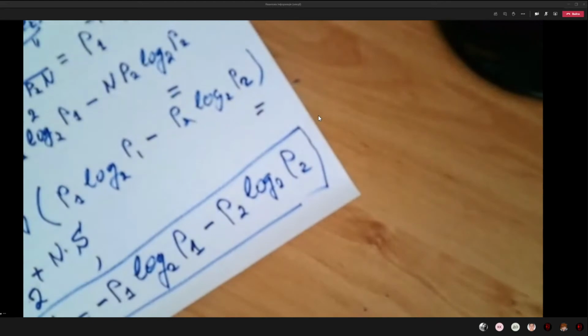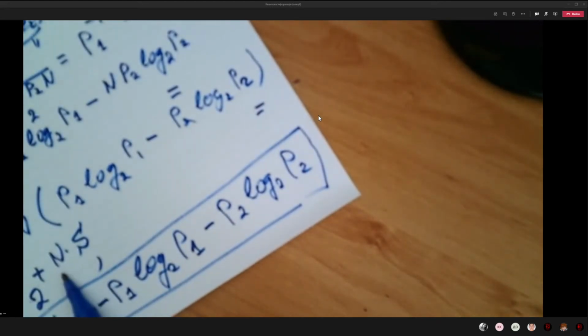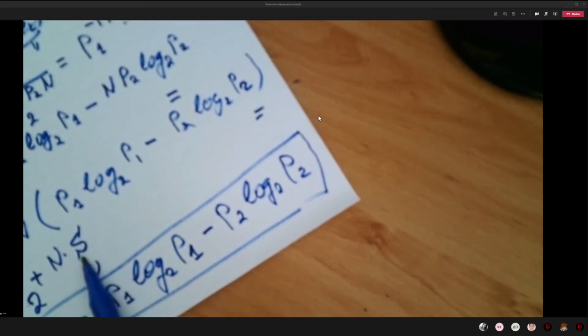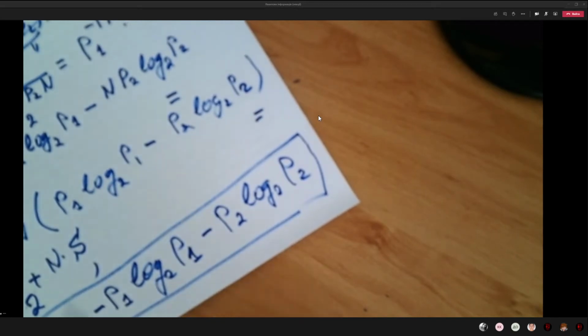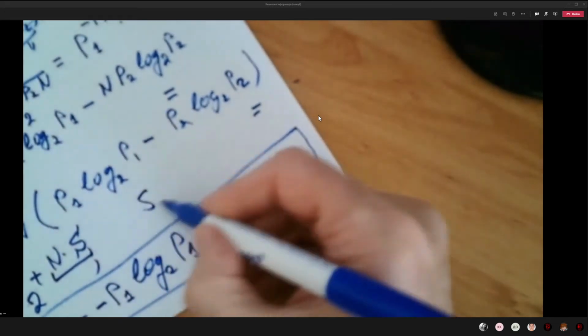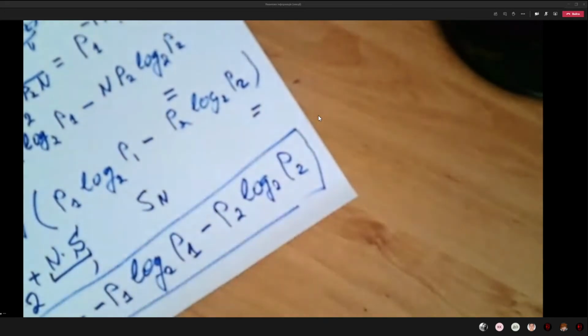So the number of different messages can be written in this form. It is 2 in power n multiplied by s, and s is called the Shannon entropy for one symbol. It can be called the Shannon entropy for a message which contains n different symbols.